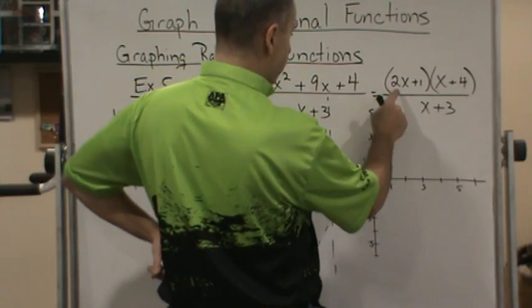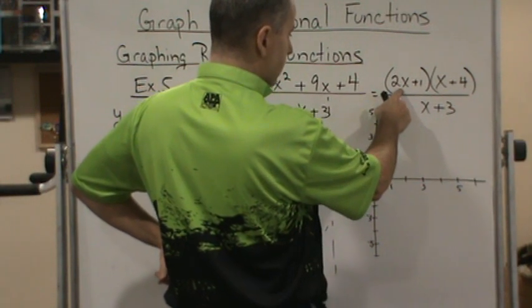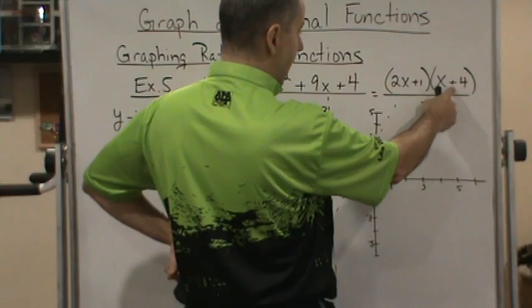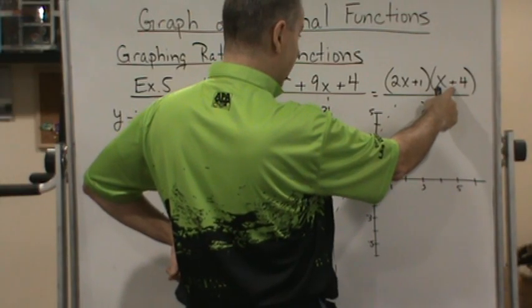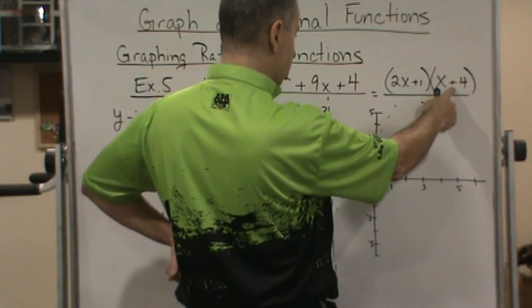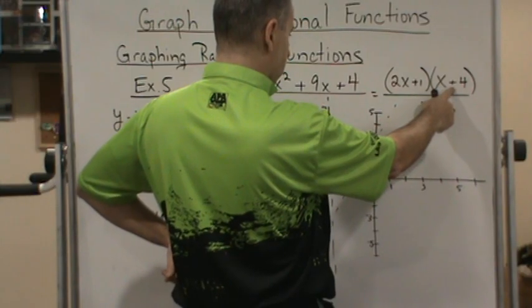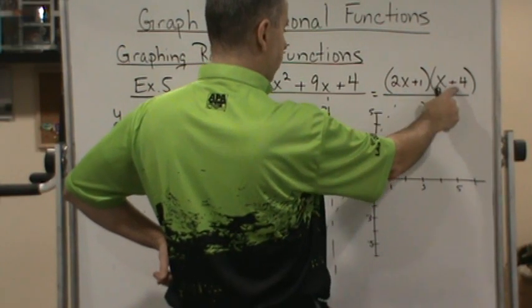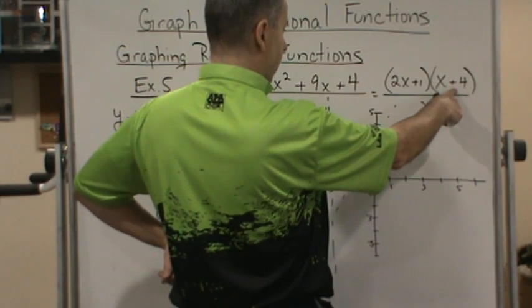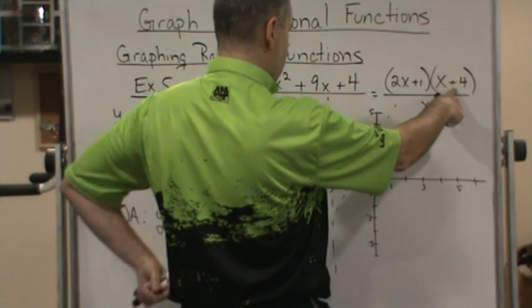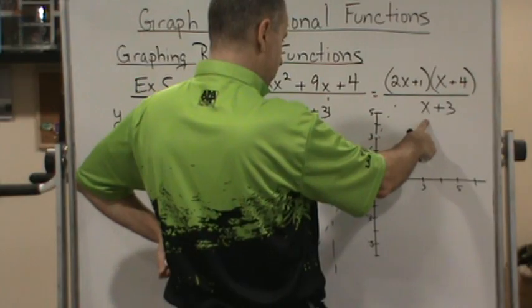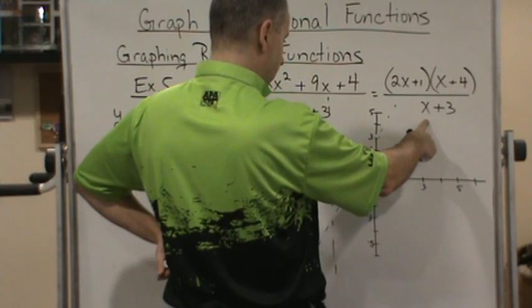So -2 is going to give us negative 3 here, positive 2 here, and this is going to give us a positive 1.